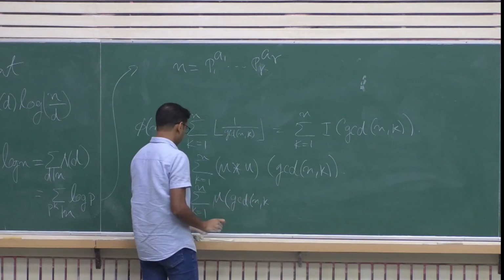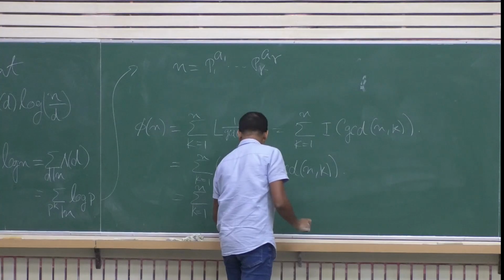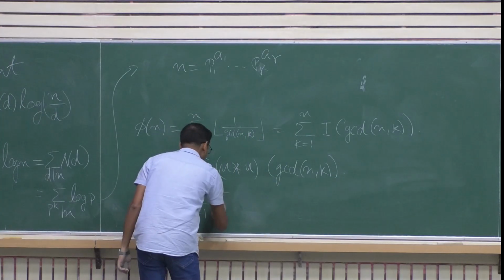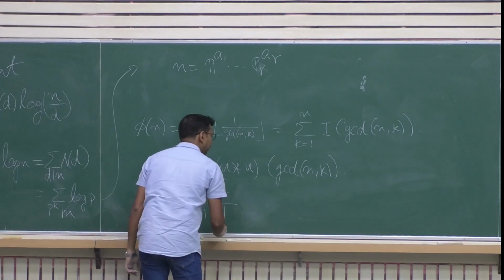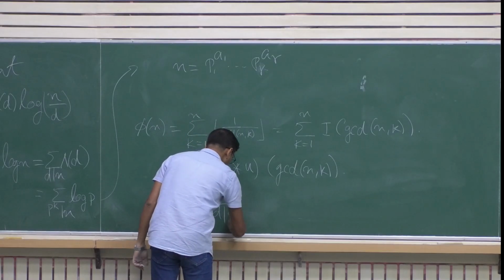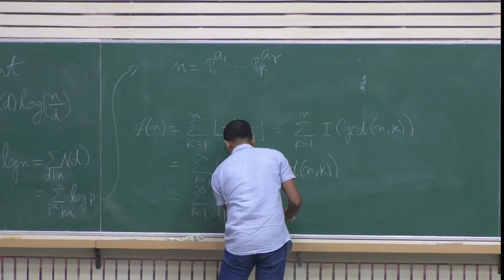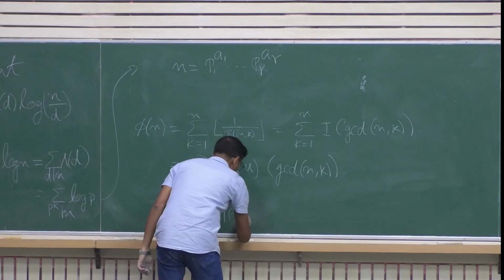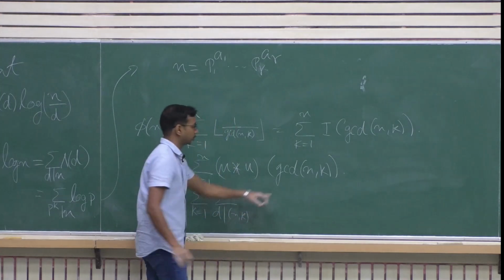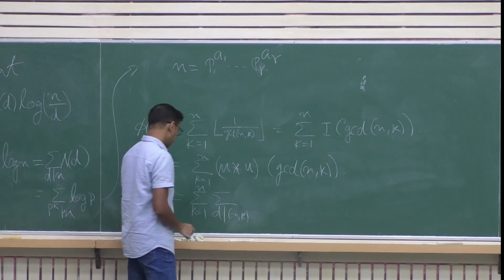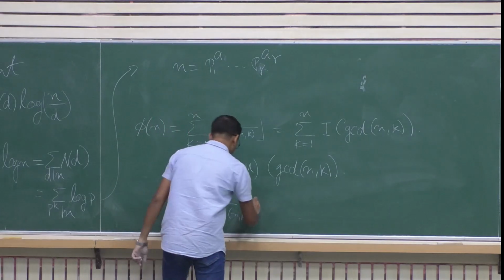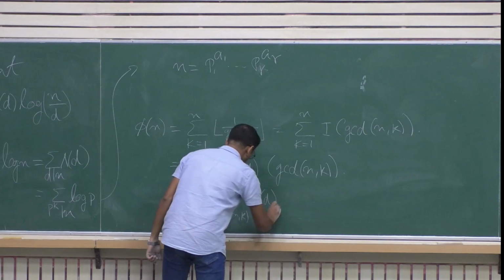Sorry, there is a summation here: summation d divides GCD of n comma k of mu d.